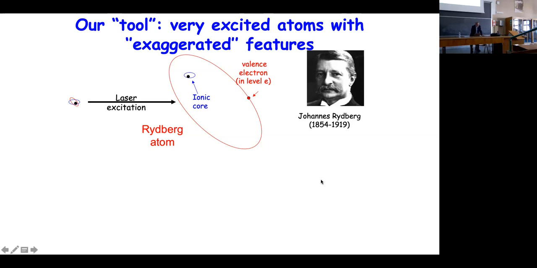So you see, you have the core here with all the other electrons. And then you have an electron on a very large orbit going around. Here I described an elliptical orbit, which has an angular momentum which is not maximum. The circular Rydberg atom is the one in which the electron is going on a circle, which has a maximum angular momentum. And I will talk about that later.